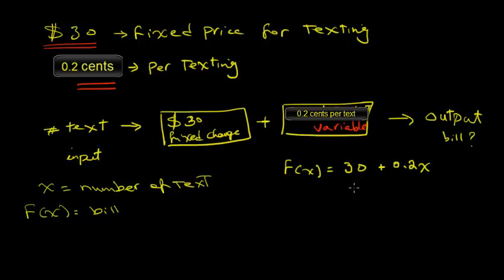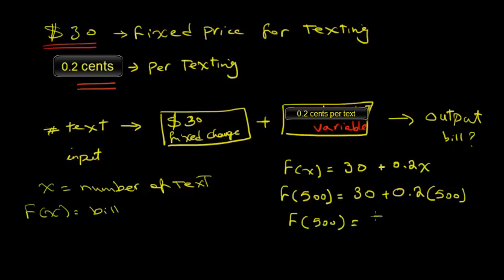Now let's say you send 500 texts in a month. Then you will have f of 500 equals $30 plus 0.2 times 500. Then f of x for you will be $130.